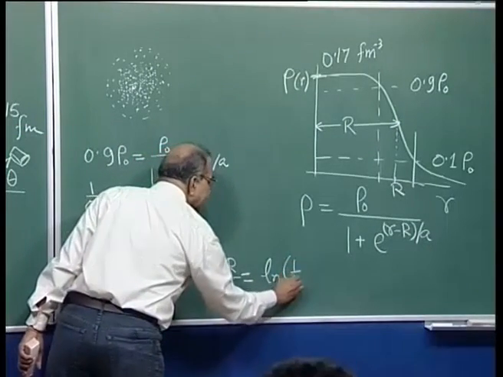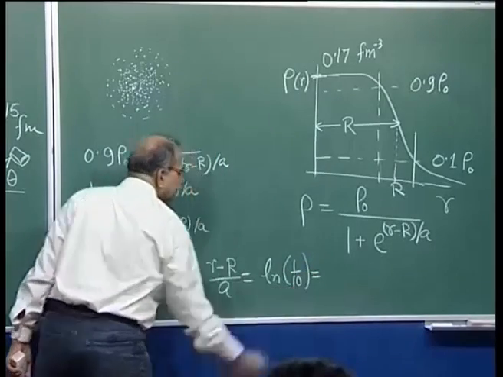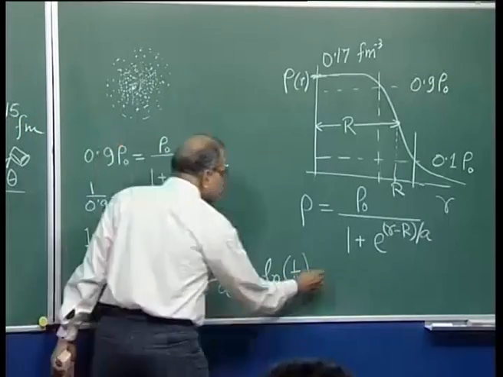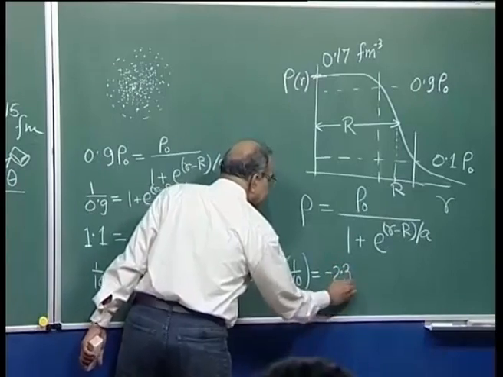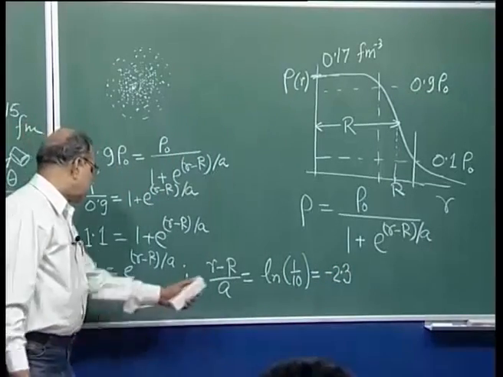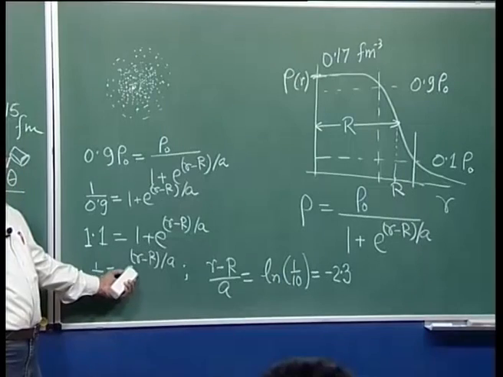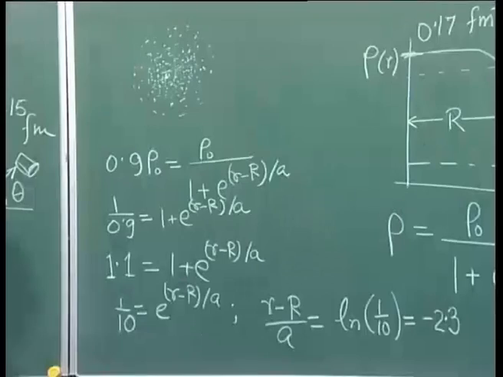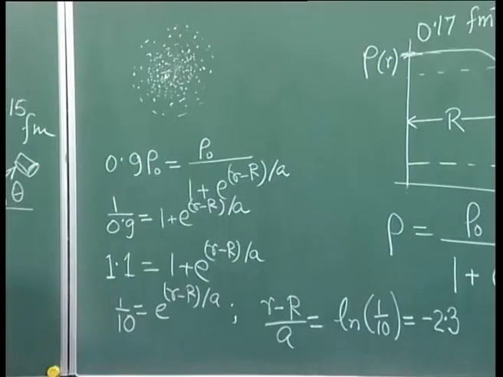Log of 1 by 10. And how much is that? Minus 2.3. Remember, the base of this logarithm is not 10, the base is e. Log of 10 on the base e is 2.3, so for 1 by 10 it is minus this.